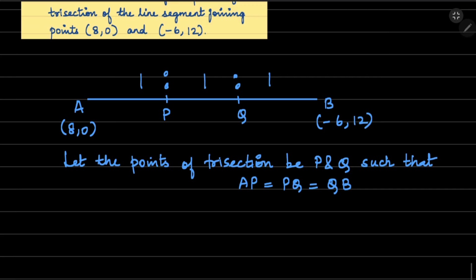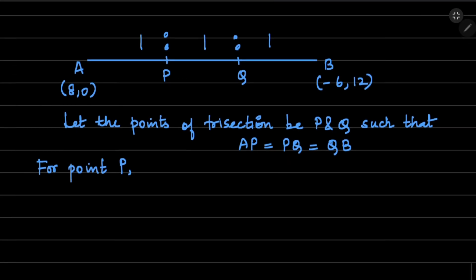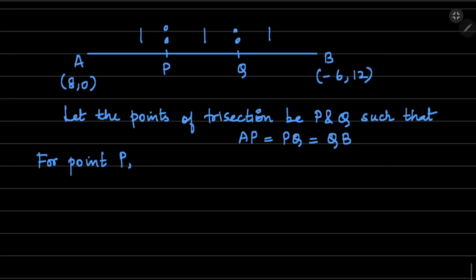Right? Now let us find for the point P. So for the first point, let us find the coordinates. So for point P, how is P dividing AB? In what ratio is P dividing? It is 1:2. 1 plus 1, 2.